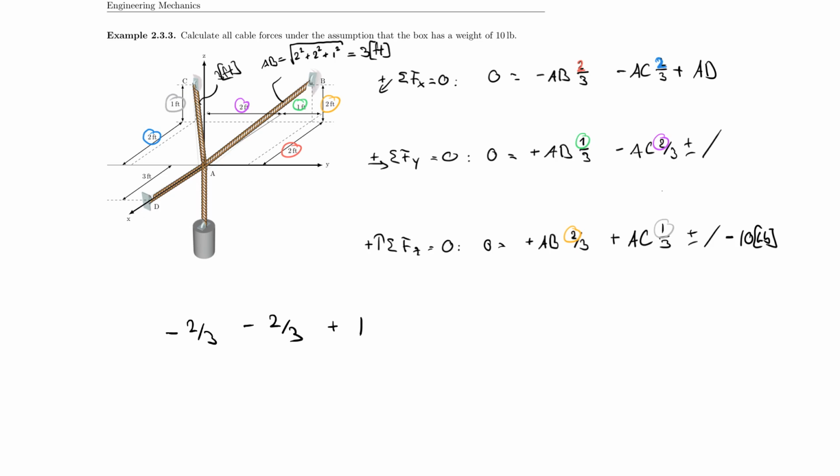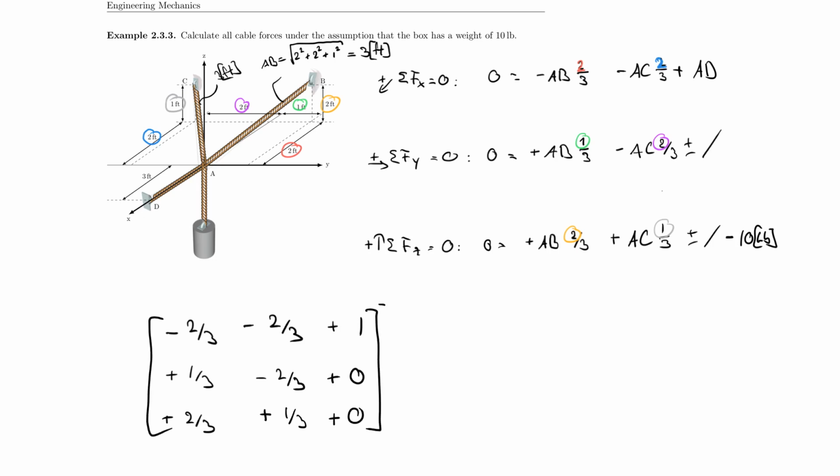And then we have plus 1/3, minus 2/3, plus 0. And we have plus 2/3, plus 1/3, plus 0. And that would be the matrix, which you have to invert, of course. 0, 0, 10. And keep in mind that we're talking about AB here, AC, and AD.